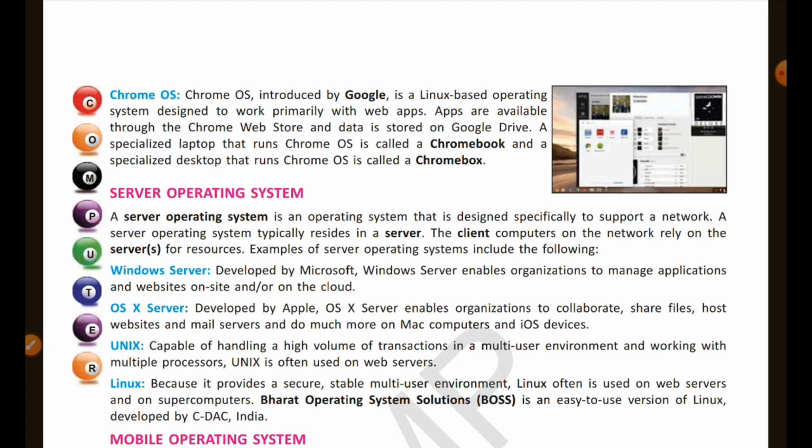Apps are available through the Chrome Web Store or App Store, and data is stored on Google Drive. Means it works the same as your mobile phone works. A specialized laptop that runs on Chrome OS is called a Chromebook, and a specialized desktop that runs on Chrome OS is called a Chromebox.